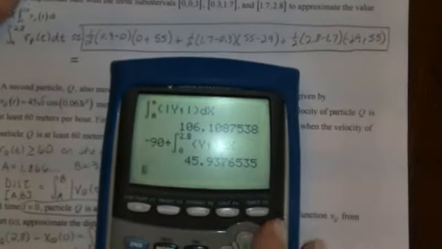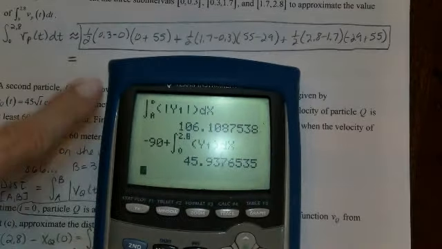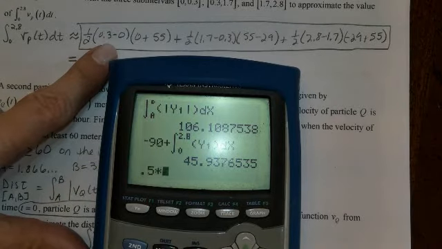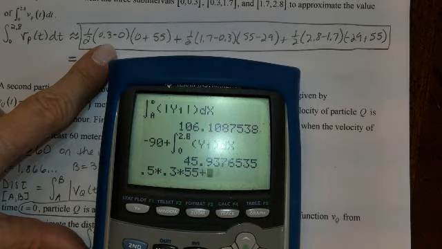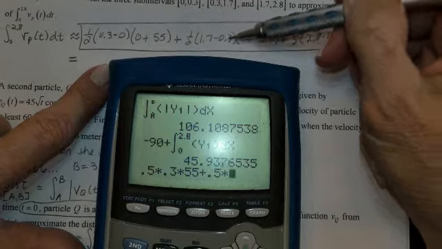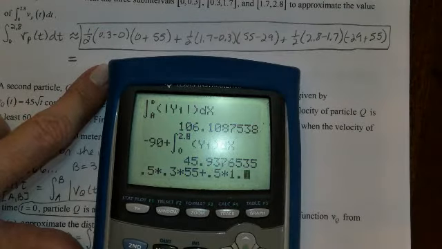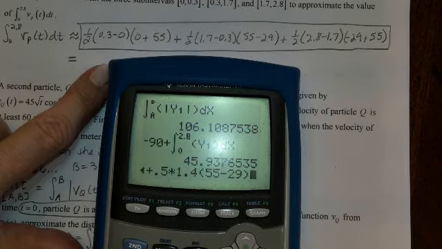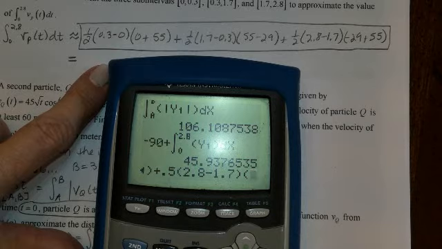So back to my calculator, I'm going to add up these numbers. So I have 0.5 times 0.3 times 55, that takes care of that first trapezoid, plus 0.5 times 1.7 minus 0.3 is 1.4 times 55 minus 29, plus 0.5 times 2.8 minus 1.7 times -29 plus 55.